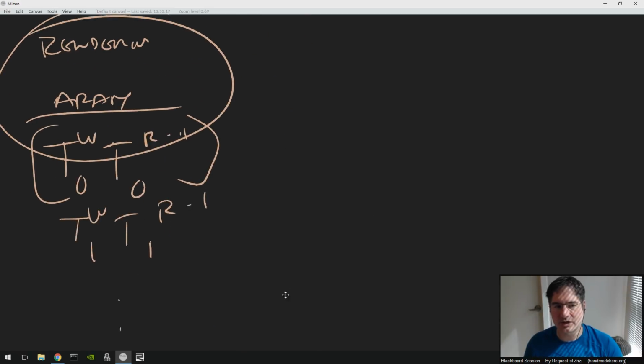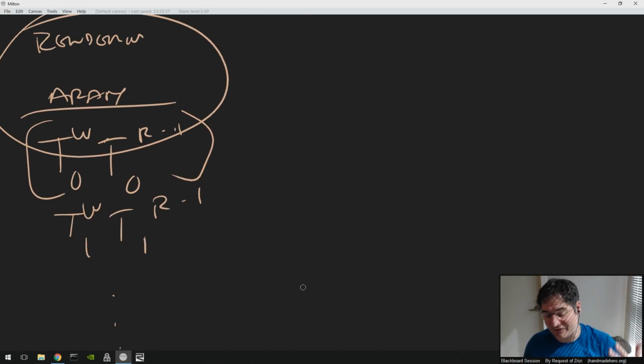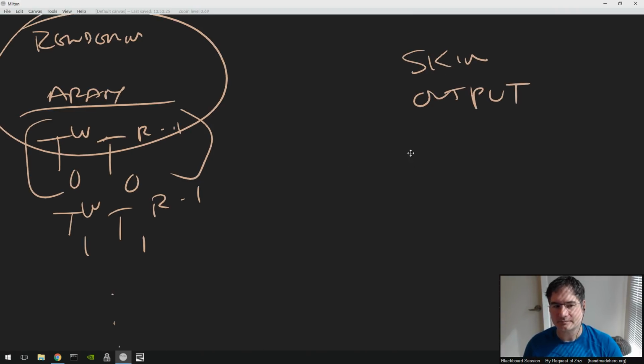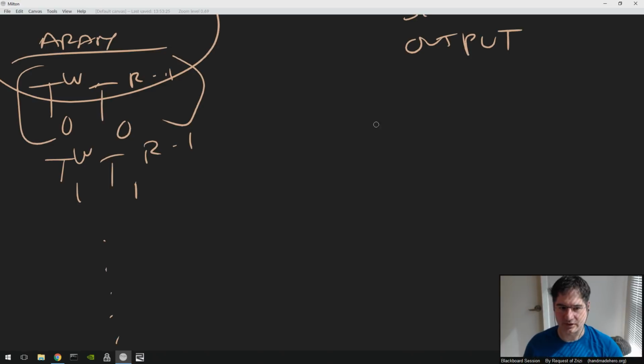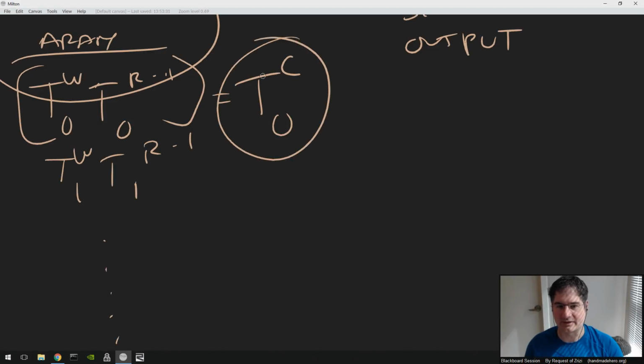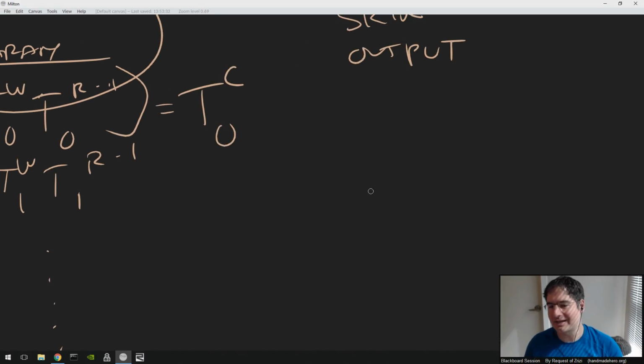Once we have this rendering array, we arrive at the final operation of a mesh skinning system, and that is the skin output. And it is trivial. If we call this T0C, the composite transform, all it is is a straight readout of the points.